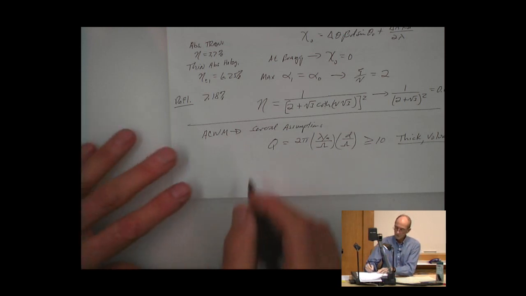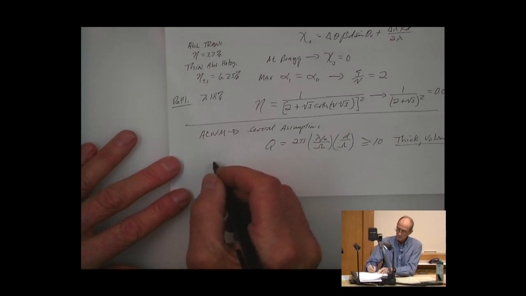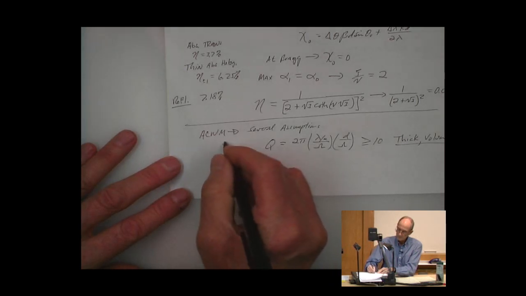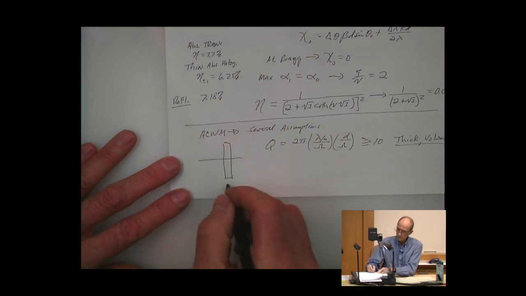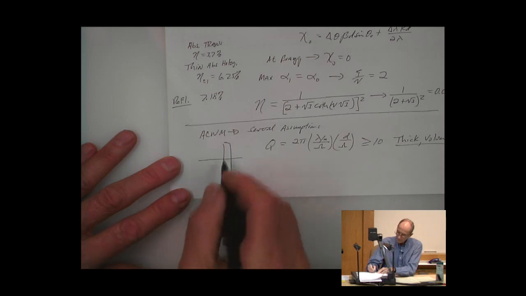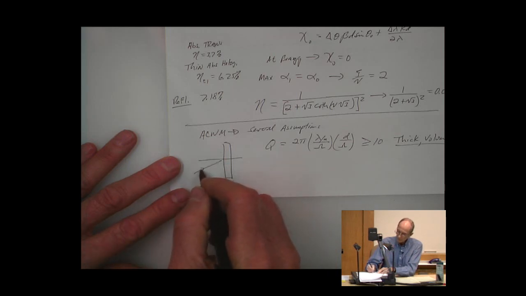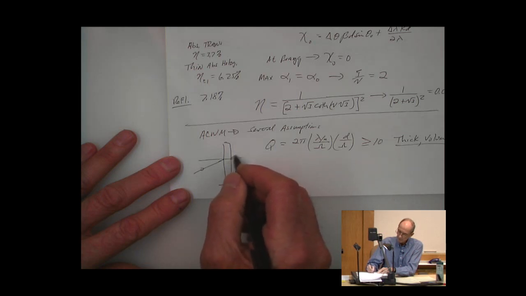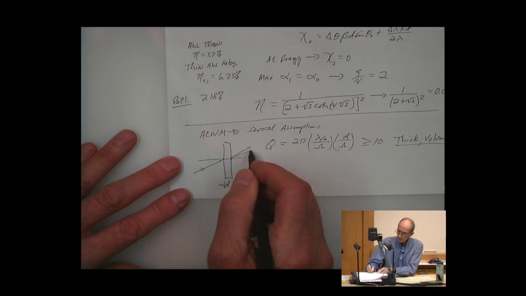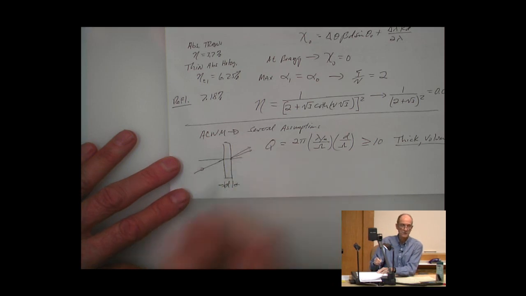So for instance, if you have a hologram with some thickness d here, and you're illuminating it at one angle, here's the 0 order, and you have a diffraction angle that's very close to that 0 order.